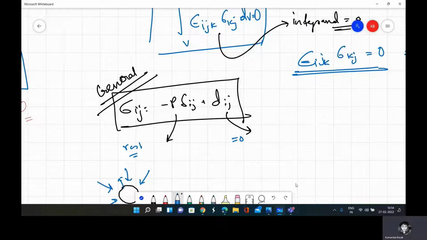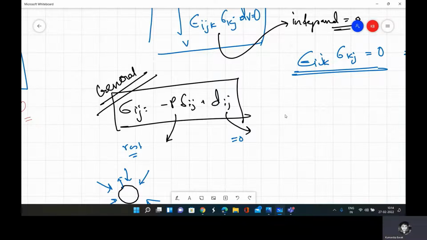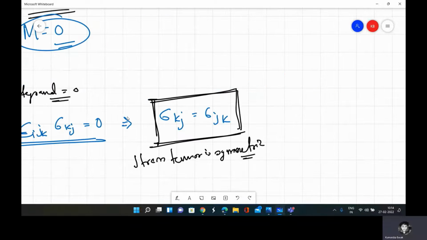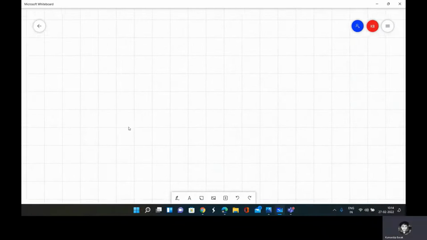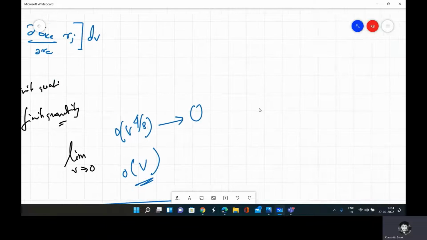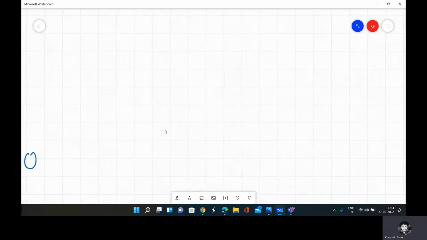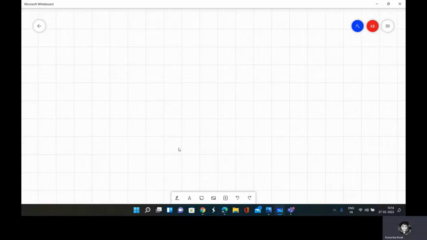Now we will derive the equations of motion of fluid for a fixed control volume in space. So let's take a new area.